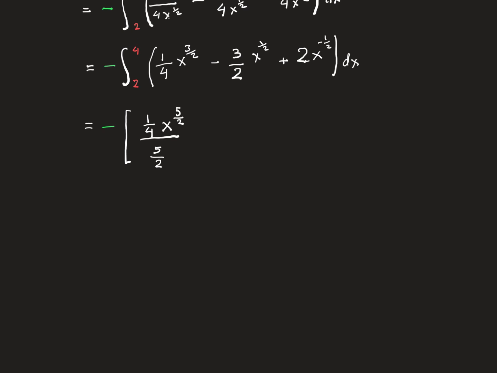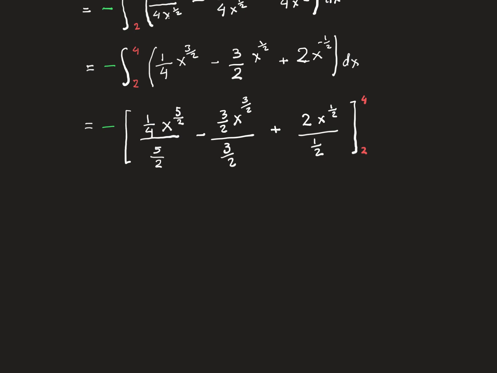And now we integrate the second term as well. So that becomes 3 on 2, x to the, we raise the power of 1 on 2, which is 3 on 2, and divide by 3 on 2. Do the same thing for the third term, 2x to the negative a half. If we raise negative a half, we'll get a half, and we divide it also by a half.